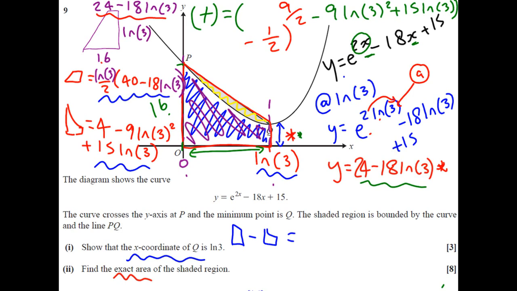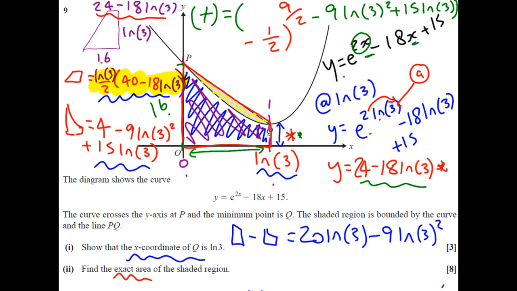And first of all, I'm going to expand out this. Okay, so we're going to get ln 3 over 2 times 40, which is 20 ln 3. We're going to get minus 9 ln 3 squared. That's handy, that looks familiar, doesn't it?